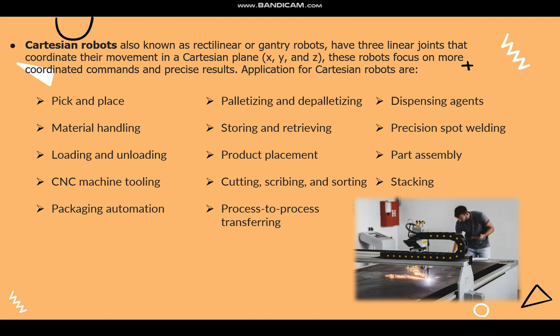They have three linear joints that coordinate their movement in the Cartesian plane, mainly the X, Y, and Z. This robot focuses on more coordinated command and precise results. The applications for Cartesian robots are pick and place material handling, loading and unloading, CNC machine tooling, packaging automation, palletizing and depalletizing, storing and retrieving, product placement, cutting, scribing, and sorting, process to process transferring, dispensing agents, precision spot welding, part assembly, and stacking.